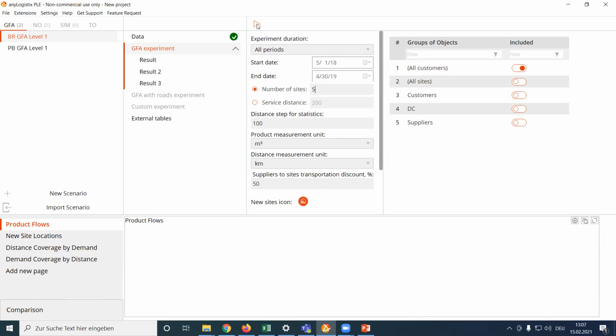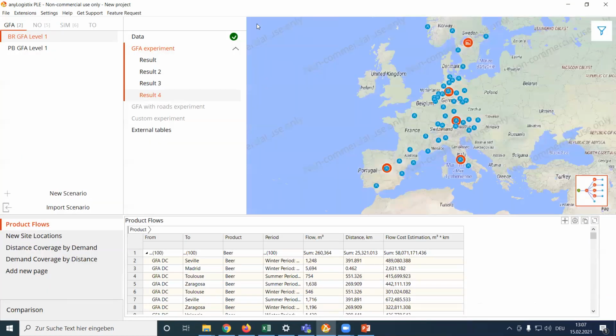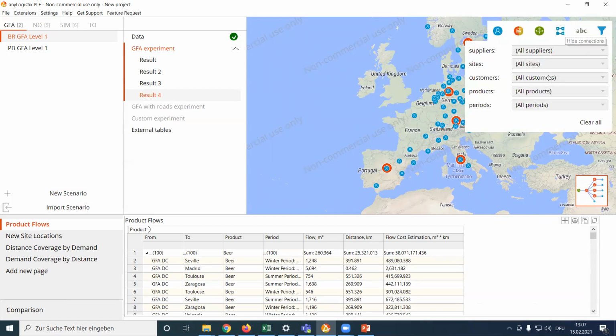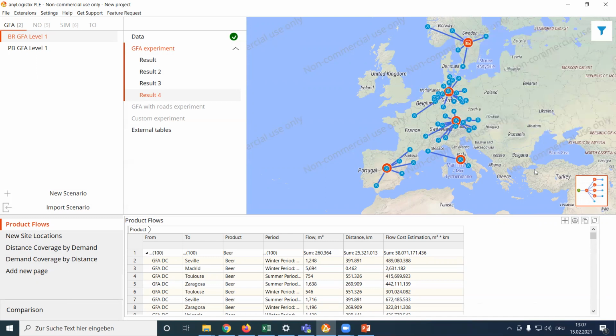Let us check. We found now the optimal 5 locations. And interestingly, we can also see that our total cost has been reduced. So in other words, the theoretical concepts have been confirmed.